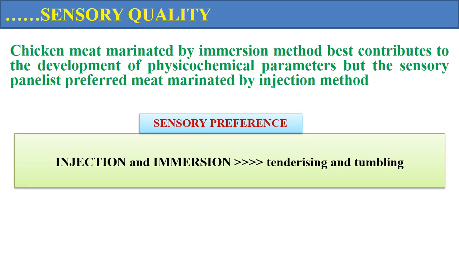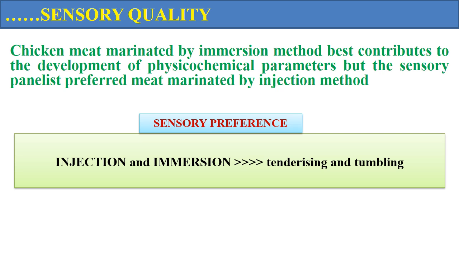In continuation about marination and sensory quality, in the case of chicken meat, studies reported that chicken meat marinated by the immersion method has the best effect on the physicochemical parameters. So physicochemical parameters are best when we go by the immersion method. But the sensory panelists preferred meat marinated by the injection method.